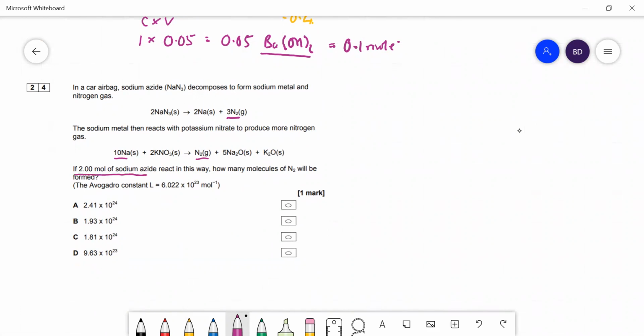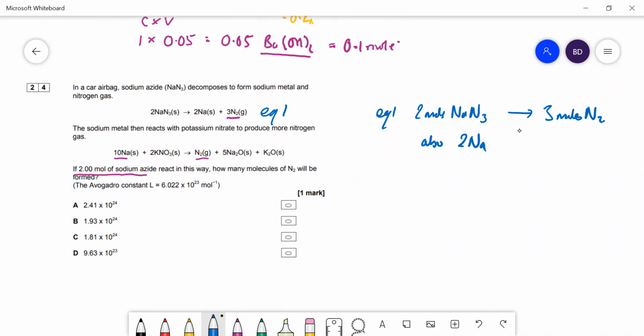Okay. So this equation, we'll call it equation 1, shows us 2 moles of NaN3 will give 3 moles of N2. So we've already got 3 moles of N2, but it also gives 2 moles of Na.